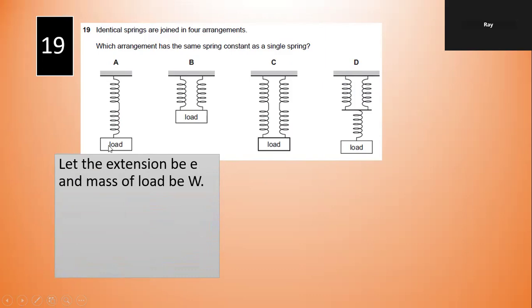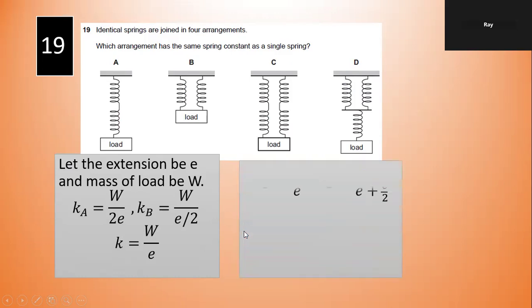For one spring with one load W, the extension will be E, so the spring constant is W over E. For the combination, each of them will have half the extension, E over 2, so completely E for the same W. That's the answer. C.